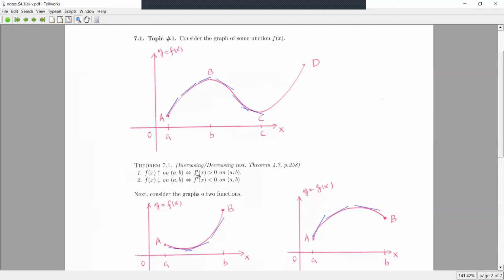The reverse is also true. If slope is positive everywhere on some interval, then the graph, the curve, is increasing on the interval. Similarly, a curve is decreasing on some interval if and only if slope is negative on the interval. This is about increasing, decreasing. Now, concave up and concave down.